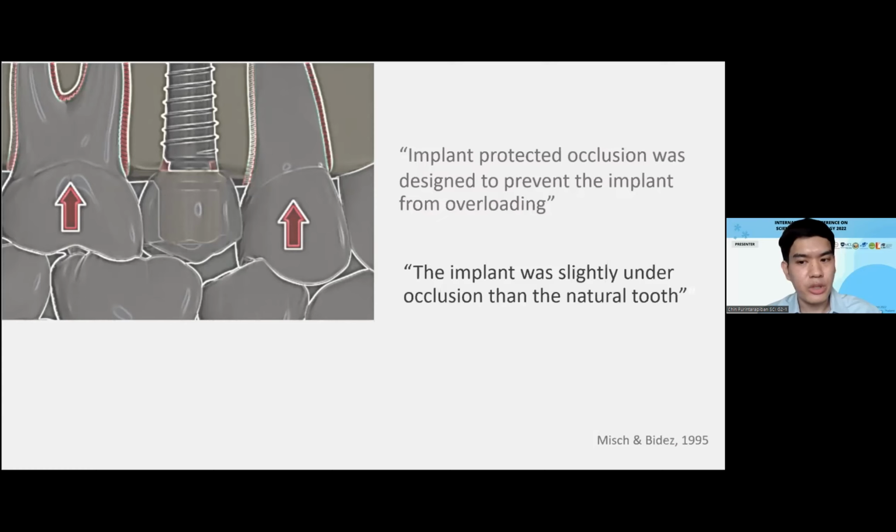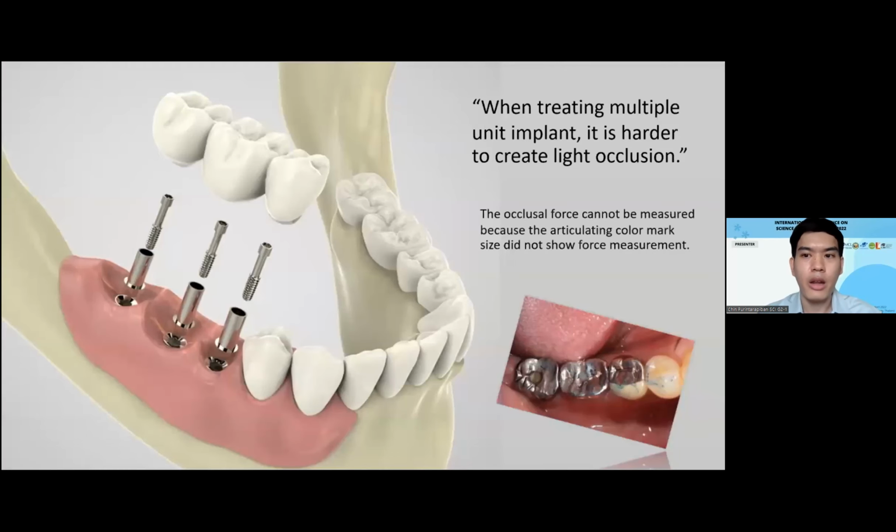In the tooth-borne situation, when you have teeth in front and in the back, it's okay to have the light bite without any harm. But when you think about it, in distal end or multiple implant restorations, the tooth mesial to the implant bears the loading of the occlusion before the implant is in contact.